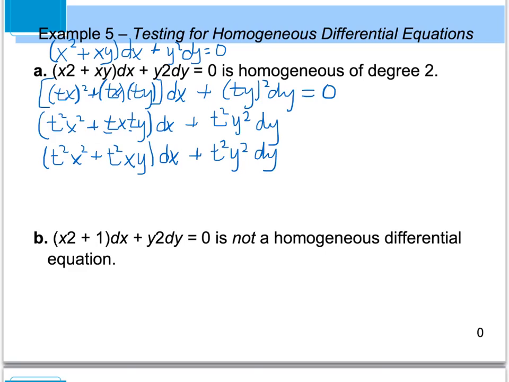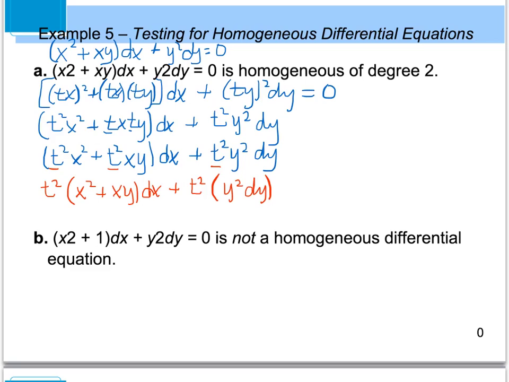Now, I have a t squared here and a t squared here, which tells me I can factor a t squared out, and I'm left with (x squared plus xy) times dx, plus t squared times y squared dy. And this means now that I can factor a t squared out of my entire function.